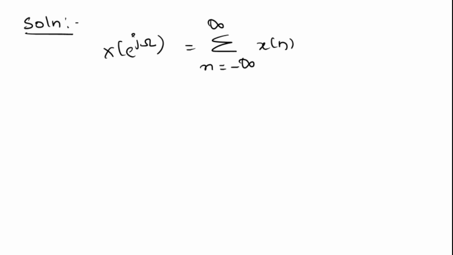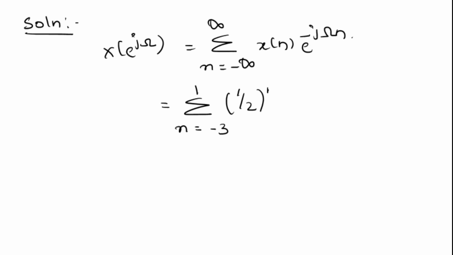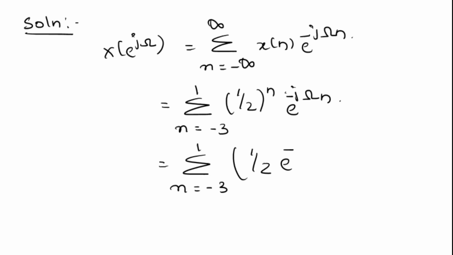We know that X of e power j omega is equal to summation n equals minus infinity to infinity x of n into e power minus j omega n, which is equal to summation n equals minus 3 to 1 half to the power n into e power minus j omega n, which is equal to summation n equals minus 3 to 1 of half into e power minus j omega to the power n.